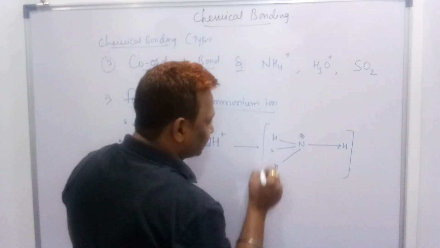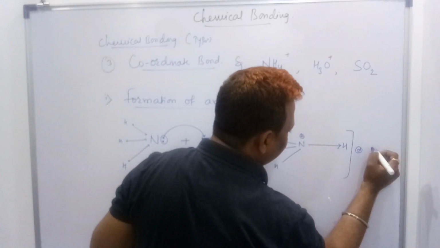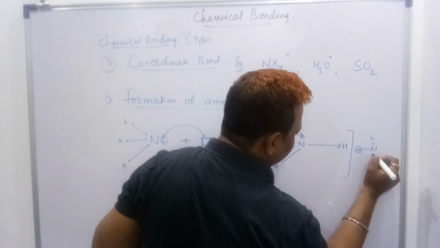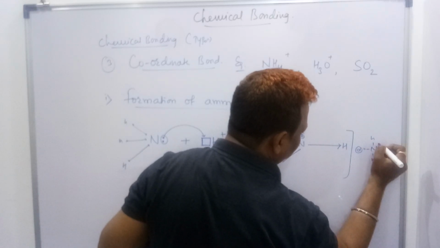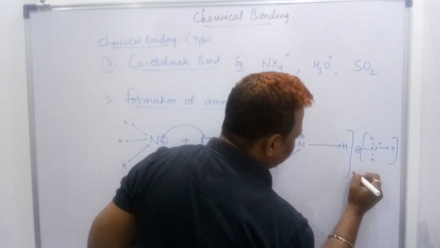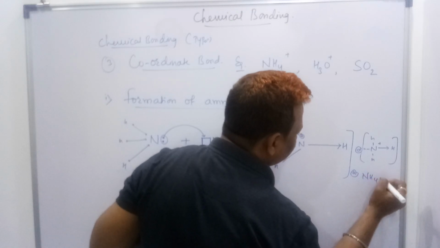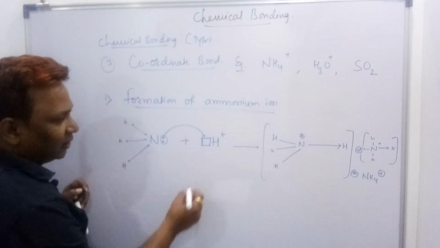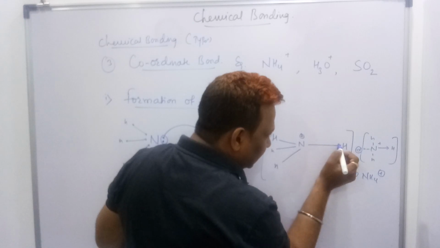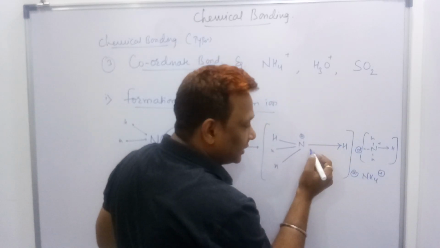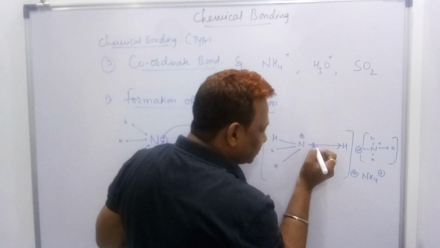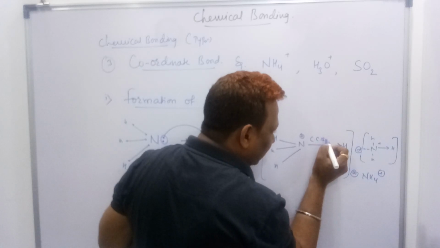And here, this molecule can be written in the form of NH3 with a dative bond to H, plus, or it can be written in the form of what? Ammonium ion. You can check it here. The bond which is formed here is a type of directional bond. It is also called a dative bond, or a coordinate covalent bond.